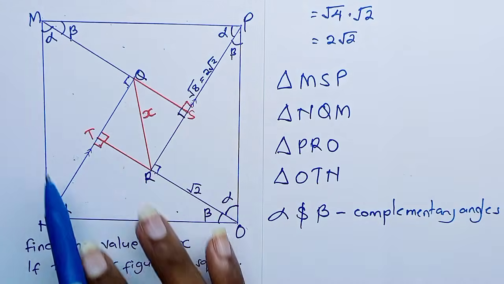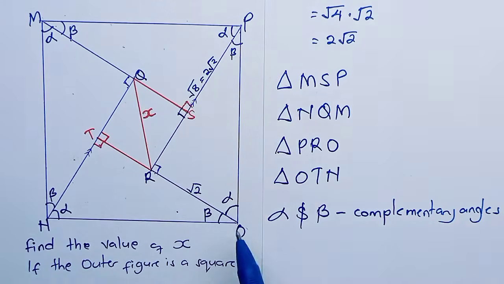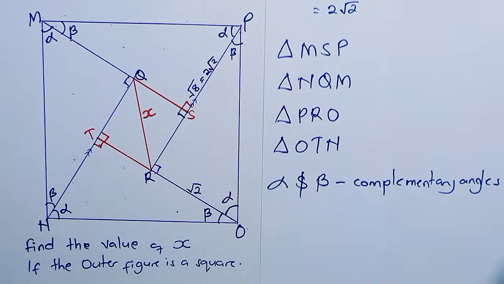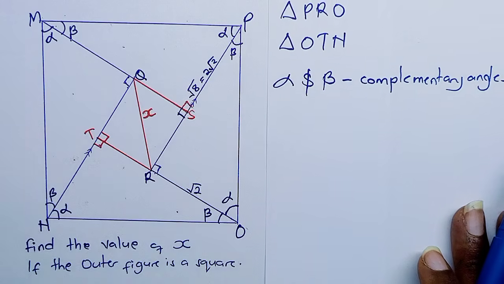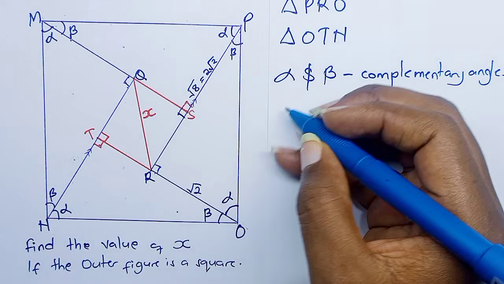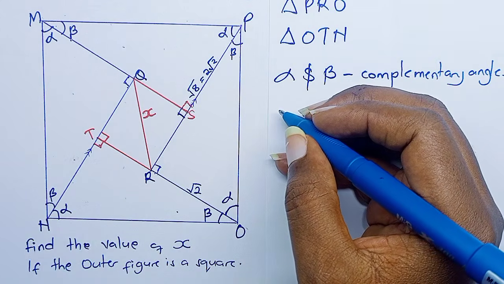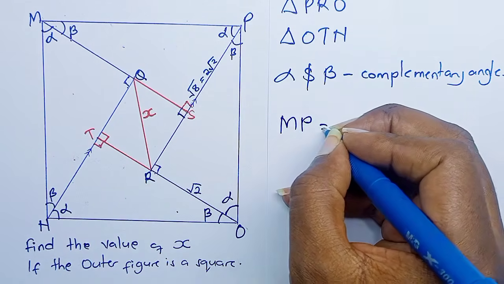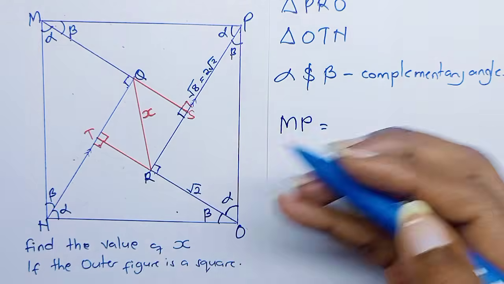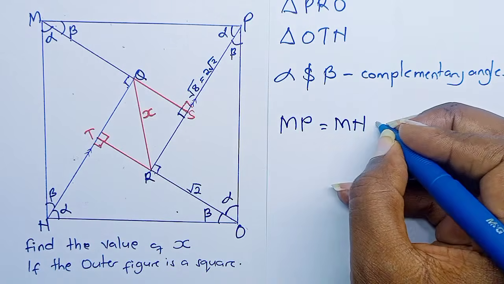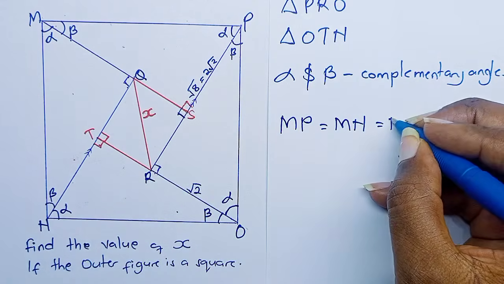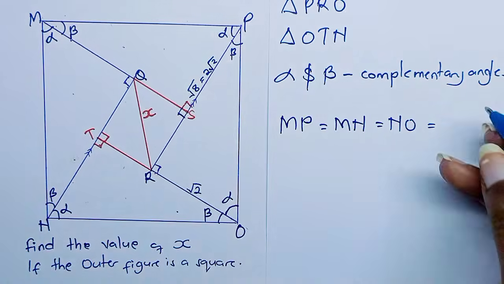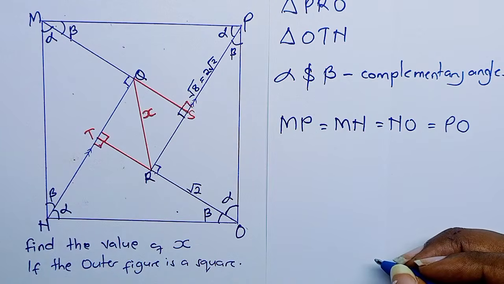Now, since MPON is a square, that implies that all its sides are equal. So that means that MP is equal to MN, which is equal to NO, which is equal to PO.